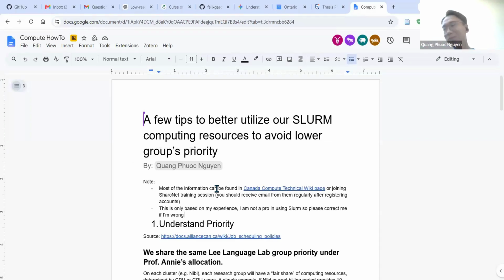Just to repeat, the note is based on my experience using Slurm computing, and I expect that you all have successfully set up your Kaida compute accounts, and also have some experience submitting jobs using Slurm, right?